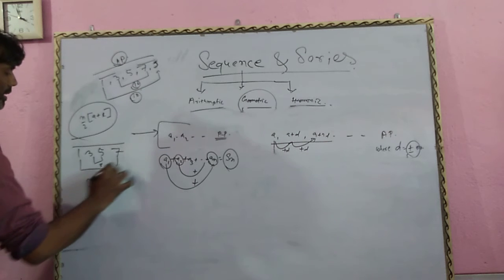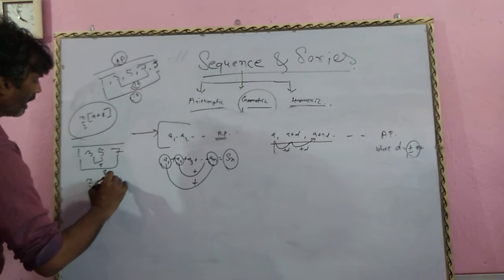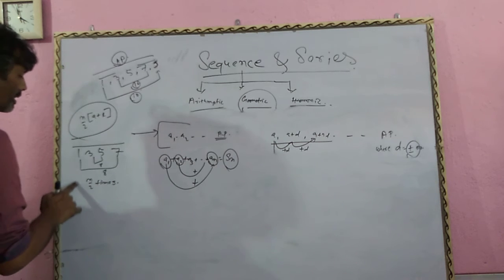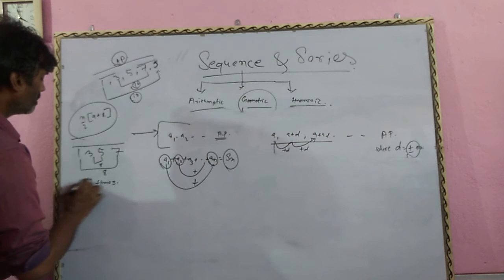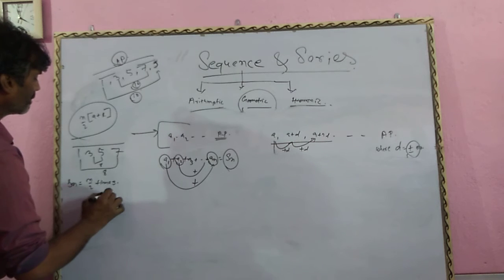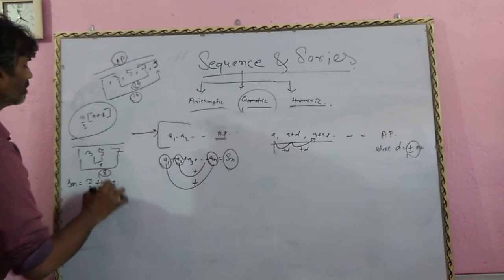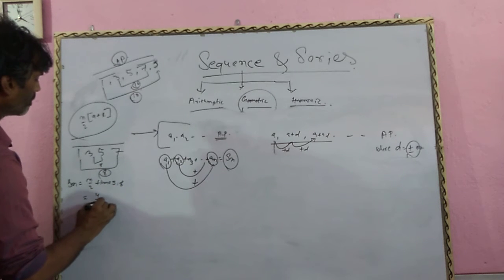If there are n elements, then this pair comes n upon 2 times, so the summation will be n upon 2 times that number 8. Means 4 by 2 into 8.